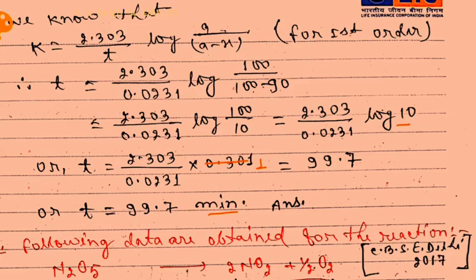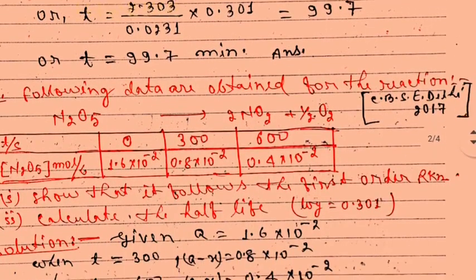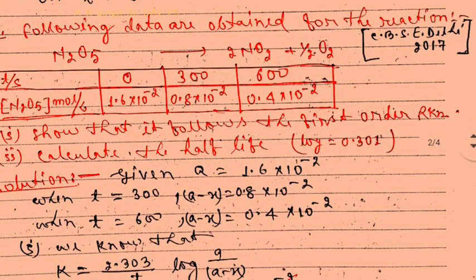Now next question. The following data are obtained for the reaction N2O5 decomposes into 2NO2 plus half O2. Time is given here in seconds: 0 means initial concentration, then after 300 seconds and after 600 seconds.